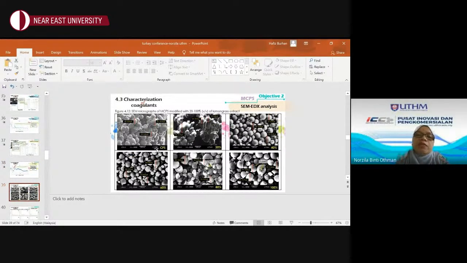SEM-EDX further confirms the presence of starch in the modified cassava peel with lemongrass. You see that these are the granules. These granules are a very good component to settle down all the pollutants in the water.